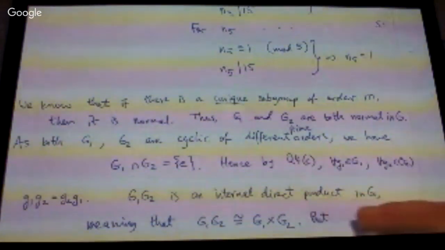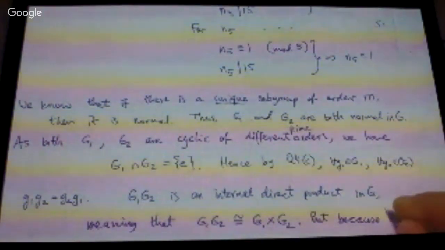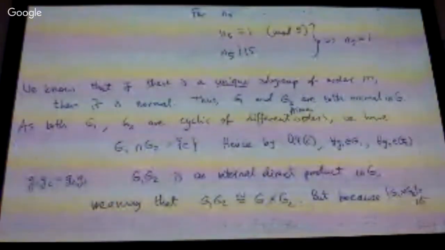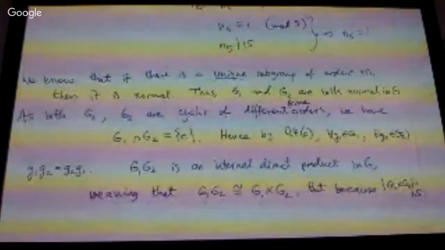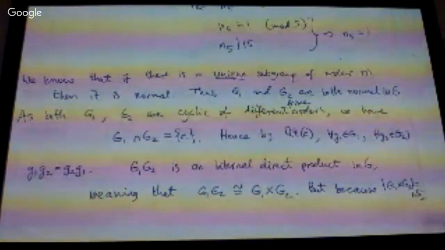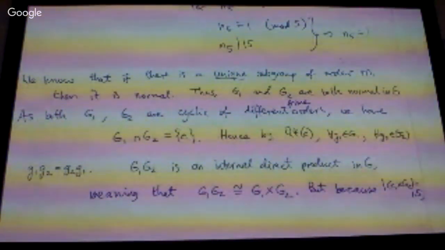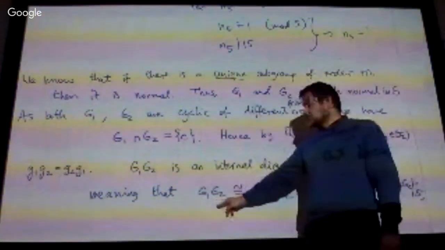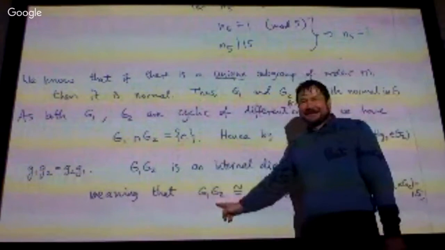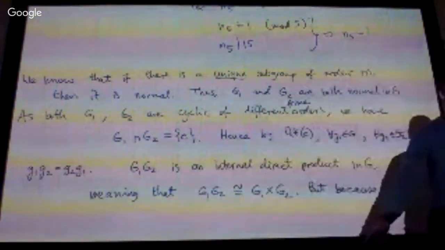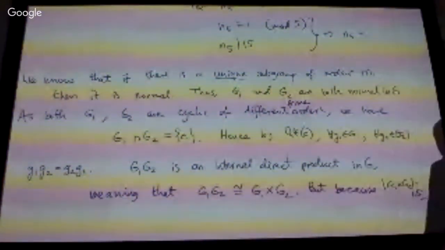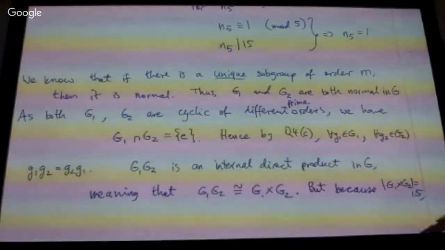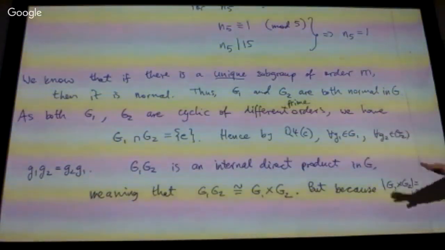But because there are already 15 elements, we have that the internal direct product is a subgroup of G, isomorphic to the external direct product. And well, it means a bit more, but that's all we need.